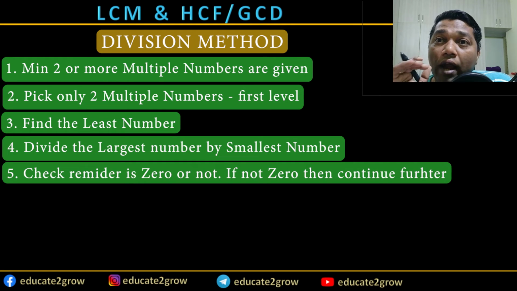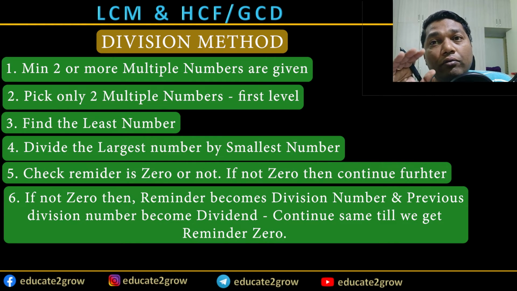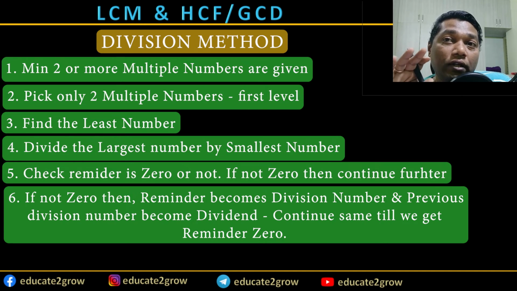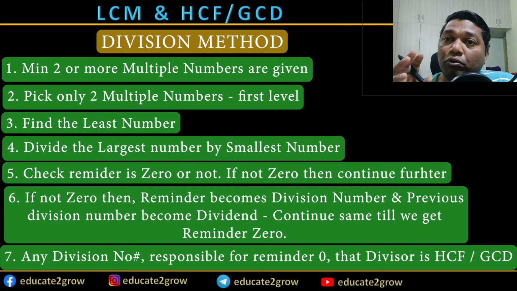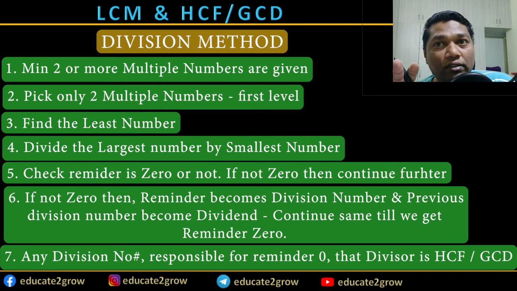That remainder becomes the divisor, and whatever we previously used for the division becomes the dividend. I'll show you how exactly, and then continue the process till we get a remainder 0. The number which is the divisor that makes the remainder 0 is the answer here.